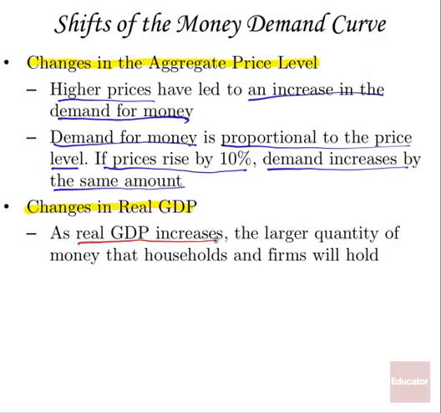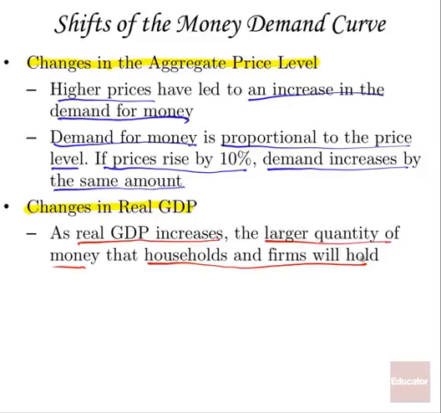Another reason would be changes in real GDP. So as real GDP increases, the larger the quantity of money that households and firms will hold. Very similar, again, as people buy more stuff, as the GDP increases, that's going to increase our demand to hold on to cash because of these purchases.